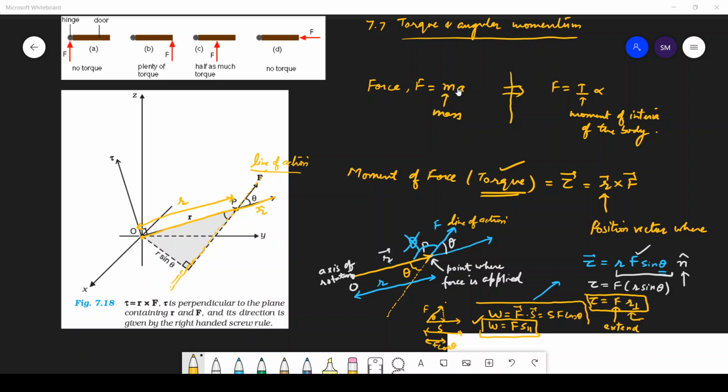Let me try this time. What's his name? Randhir Sharma.